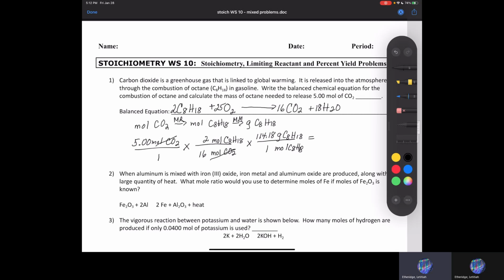Mole of CO2, mole of CO2, mole of octane, mole of octane. Do the math. Take 5, multiply by 2, divide by 16, multiply by 114, and you should get an answer of 71.4 grams of octane. Okay, so if we're being proper, that's what you would put up here on this line as your answer. Okay, hopefully that was helpful.